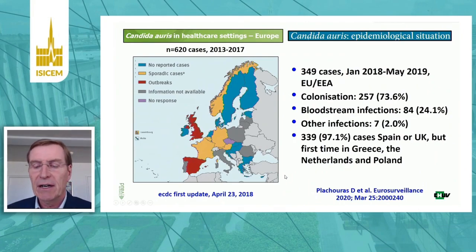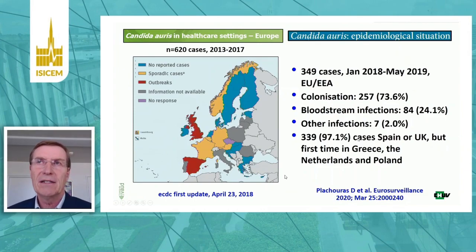On the right-hand side, you have the most recent data from 2020 from the European CDC again, about 349 cases. As you can see, about 3/4 of cases are just colonizing organisms, about 1/4 are bloodstream infections, and there are just a few other infections.